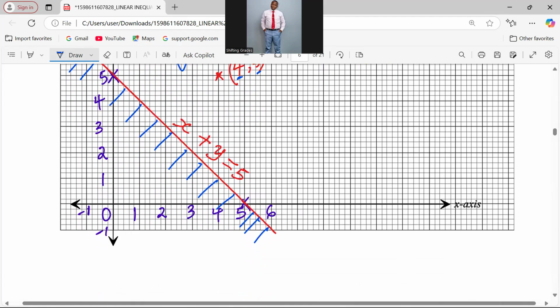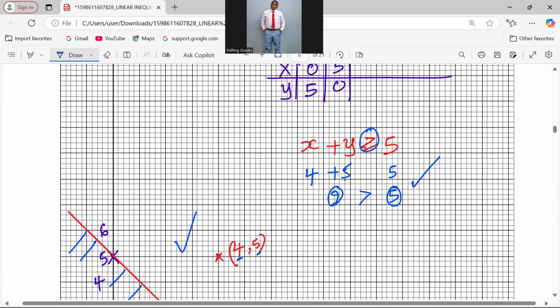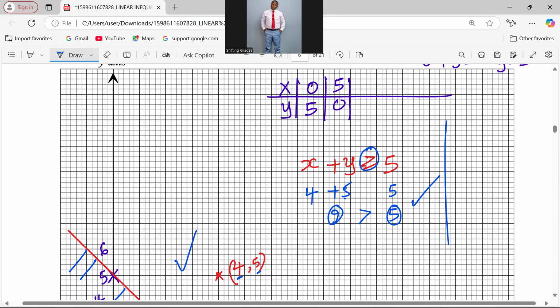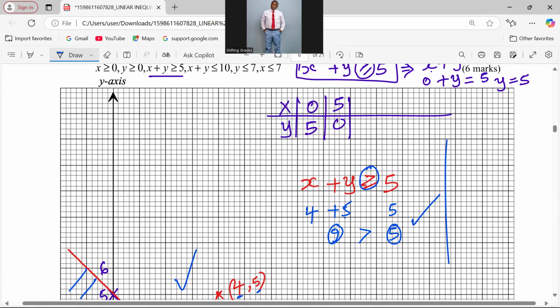We can also confirm that this other side was the unwanted one. If we pick a coordinate like 1, 2, where there is x we place 1, and where there is y we place 2. On the right-hand side we have 5. So 1 plus 2 is 3, and on the right-hand side we have 5.